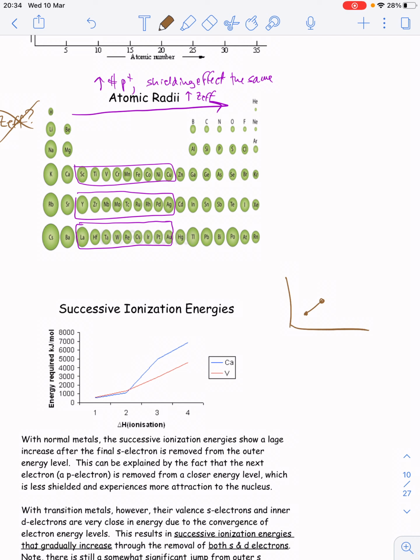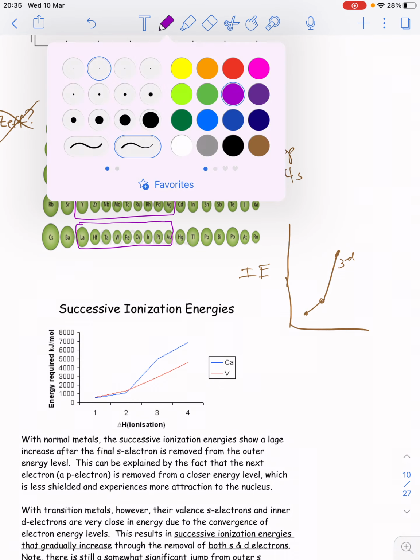But after the first 2 electrons off of calcium, we expect there to be a really big jump in the amount of energy it takes to remove the third electron from calcium, because the third electron from calcium is now in the lower third energy level. It would be a 3p electron instead of a 4s electron like those first 2. That's why we see those big jumps. But when we remove electrons from the transition metals, remember those 4s and 3d electrons are really, really close together in terms of their energy.